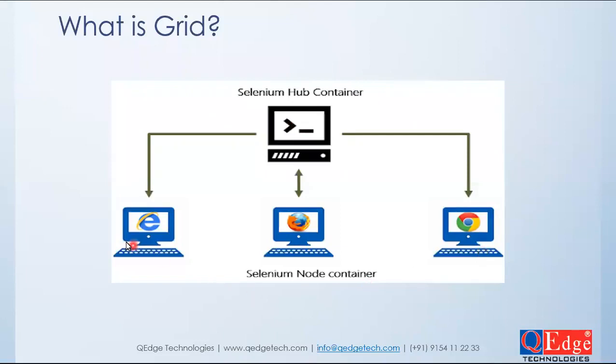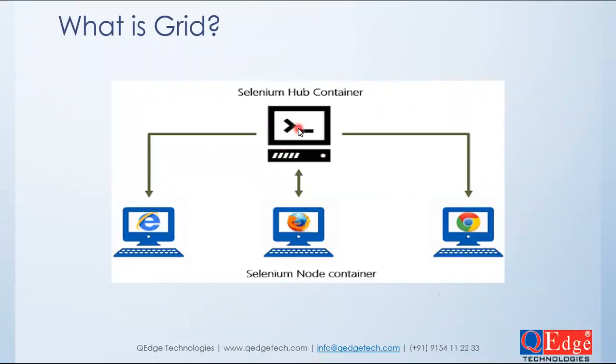So that test case 1 gets executed on Internet Explorer, parallelly on Firefox, simultaneously on Chrome browser. Then the second test case will be distributed, the third test case will be distributed, till the last test case.